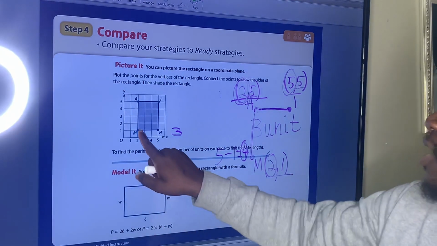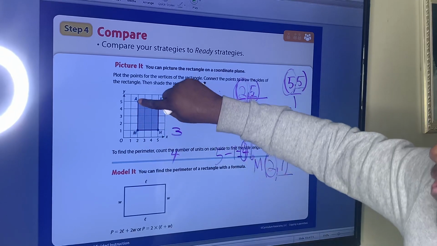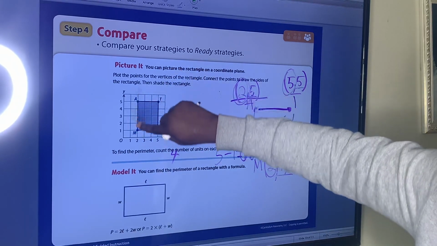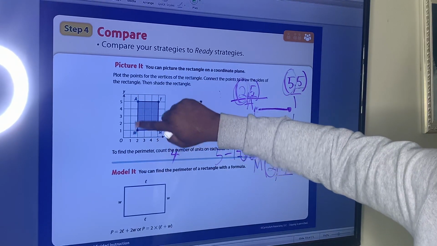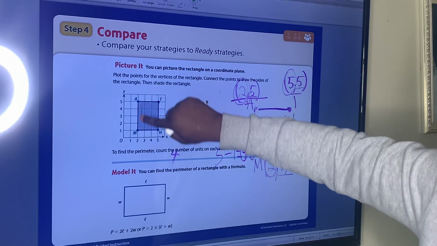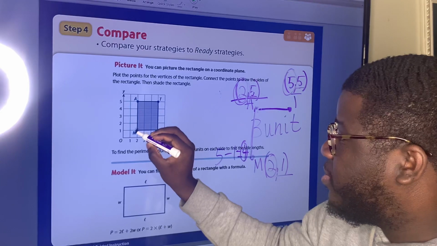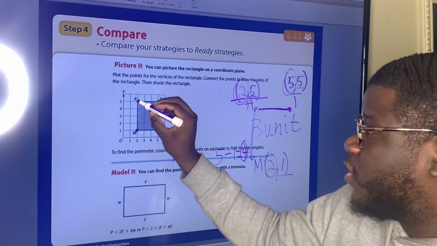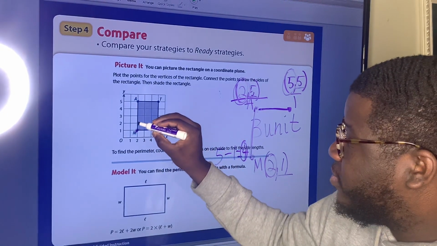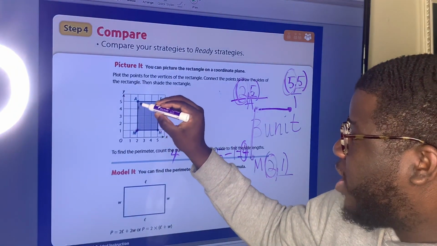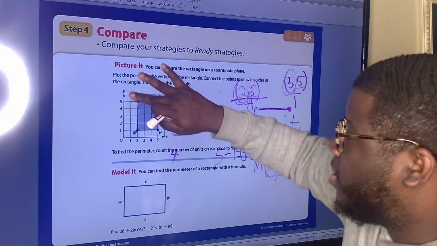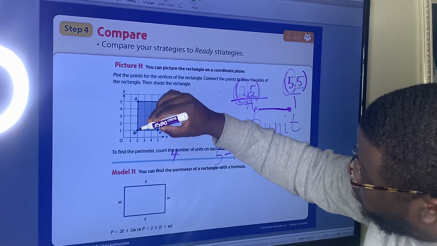So now, look here, MA. You want to figure out how long MA is. They're asking you for the length of this line. In order to figure out the length of this line, just simply count from this point, right here, to this point. 1, 2, 3, 4. It's 4 units. Let's count again together.